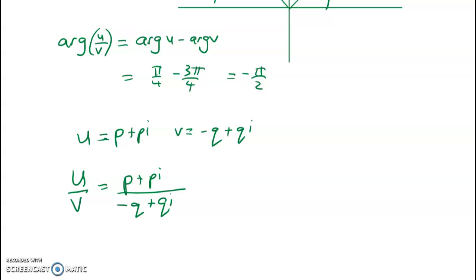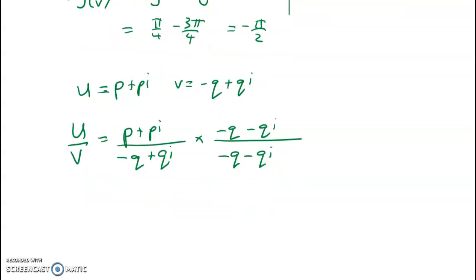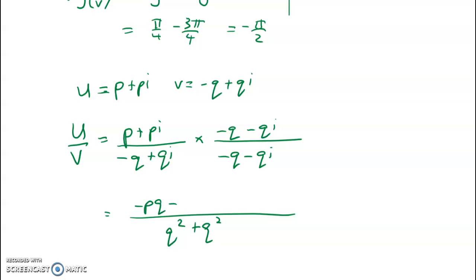Working from here, we're going to multiply by the conjugate. And we get this. So in the denominator, what I'm going to get is q squared plus q squared, and in the numerator, I'll get negative pq minus pqi minus pqi. And then here, with this, I will get plus pq.